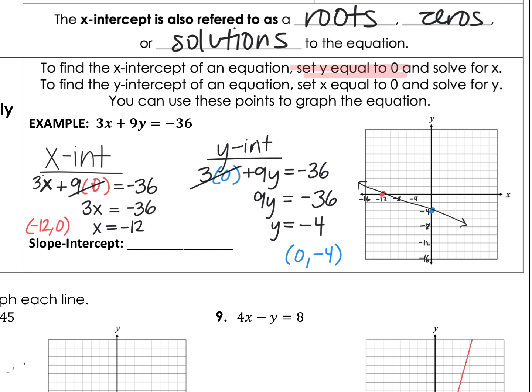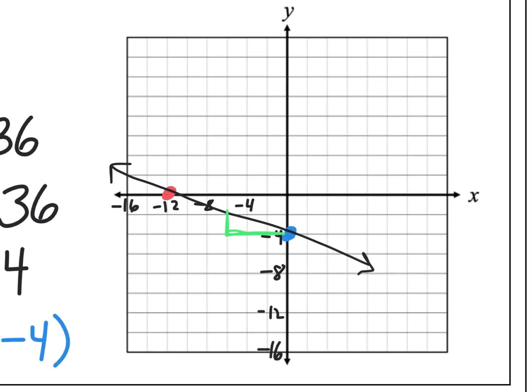Okay, what is the slope of this line? We're going to go ahead and figure that out. If you make a little slope triangle, what's the slope of that line? Can you talk to your table? Do you know? Rise, run. Make your little slope triangle. Do you know what the slope is?